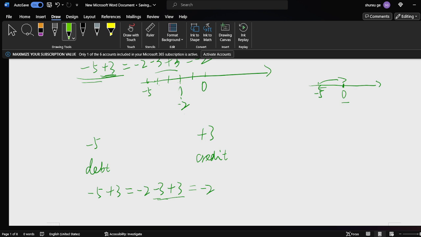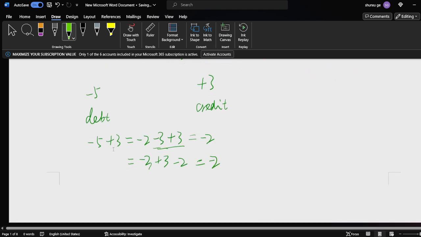Or we can do that: negative 2, or we can move negative 3 plus positive 3, then negative 2. It's okay. We can change their position, but we don't change their solution. So the solution also is negative 2.